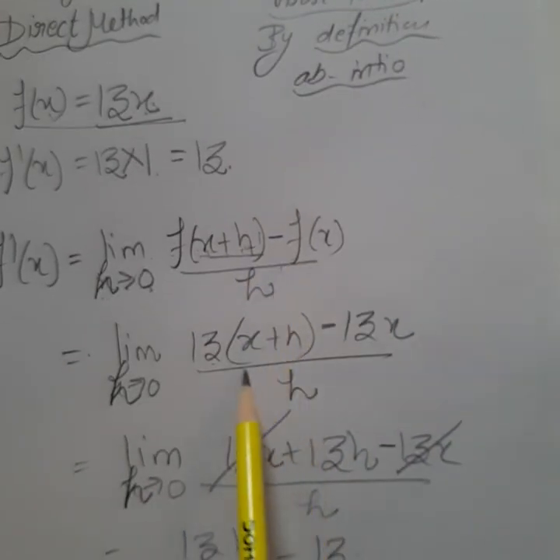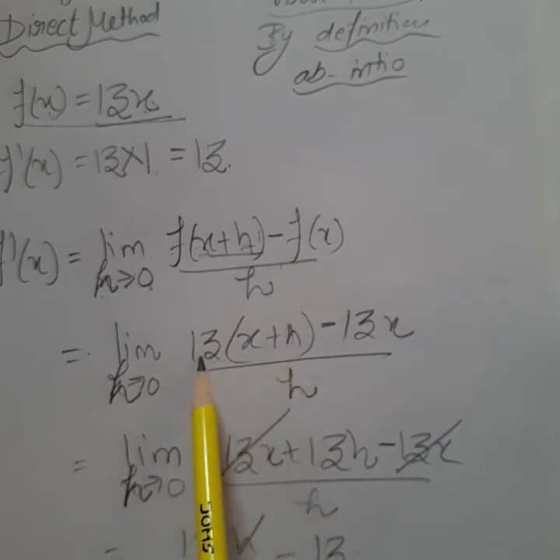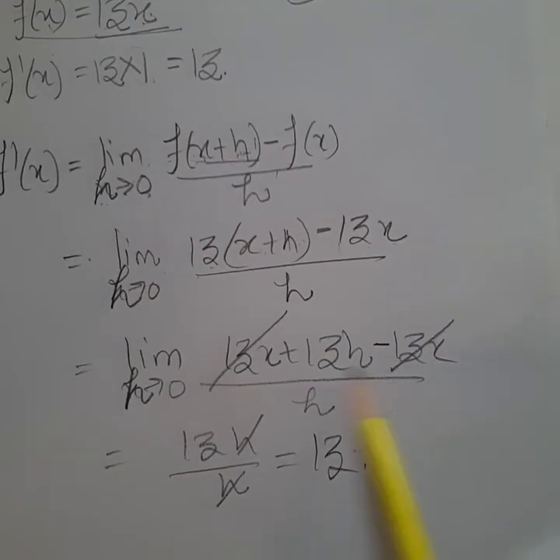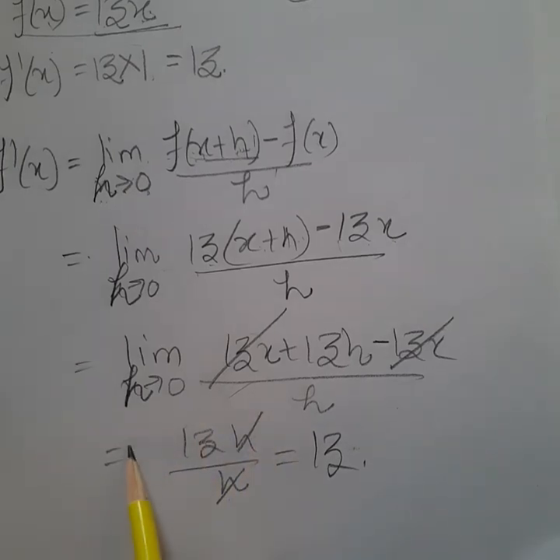After that you multiply 13 within the braces and you get 13x + 13h, and by cancelling 13x we get only 13h upon h, with limit h tends to 0, and by cancelling h by h you get 13 only.